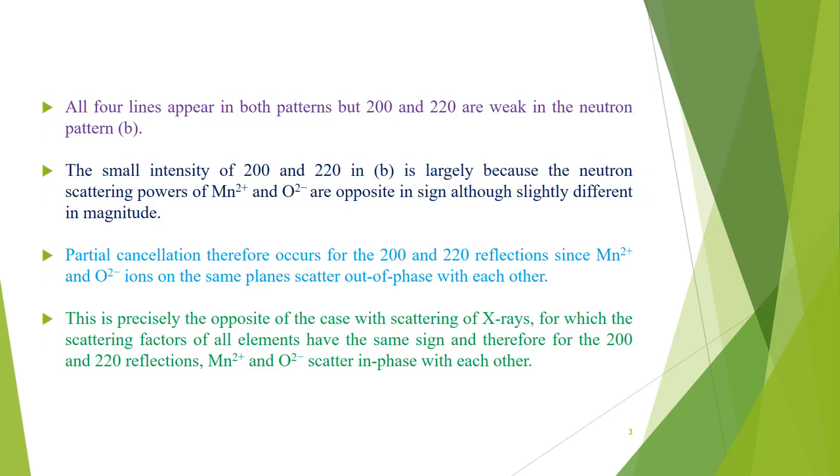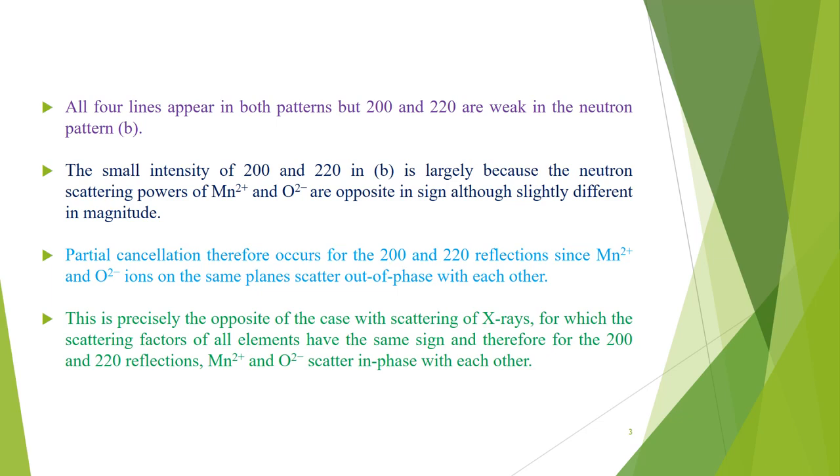In the rock salt structure, the condition for reflection is that HKL, which are the Miller indices, should be either all odd or all even. Hence, the first four lines to be expected in the powder pattern are 111, 200, 220, and 311.